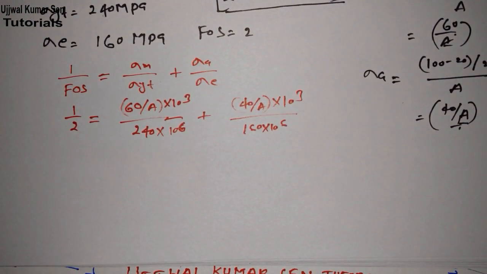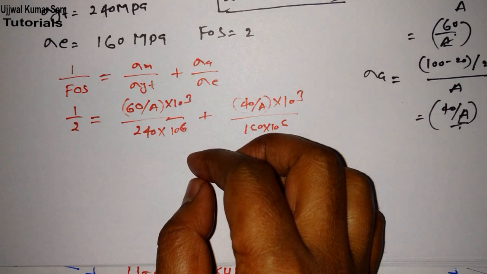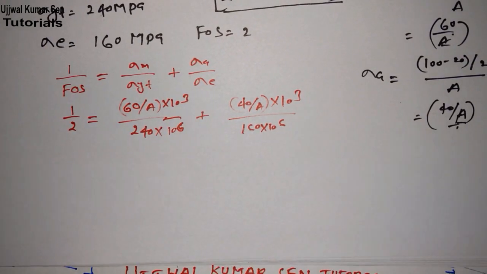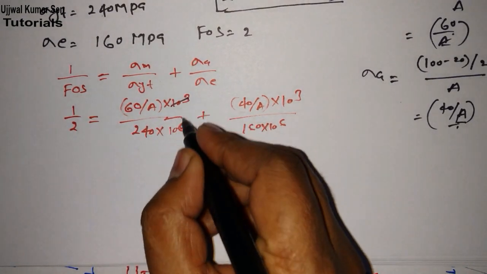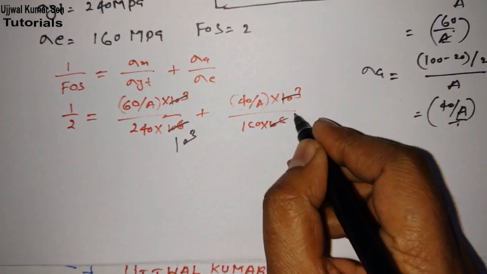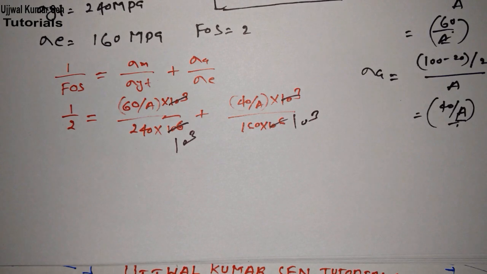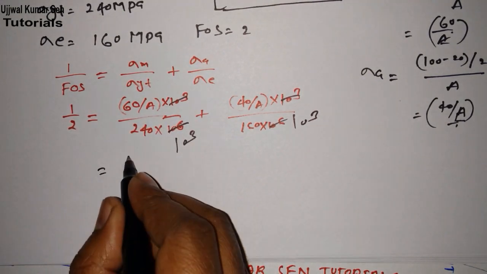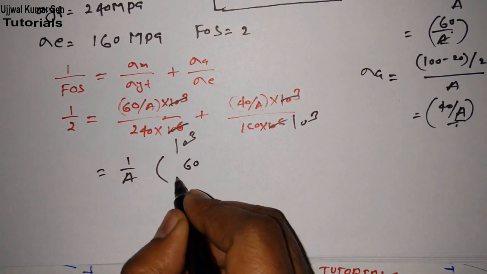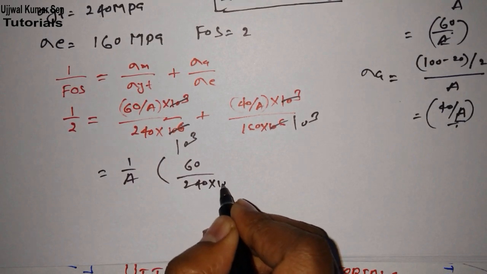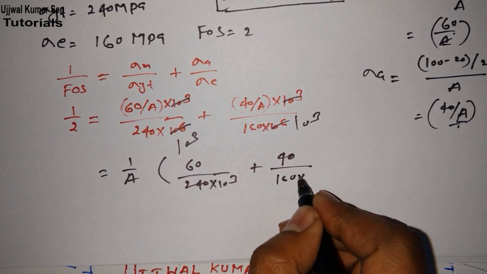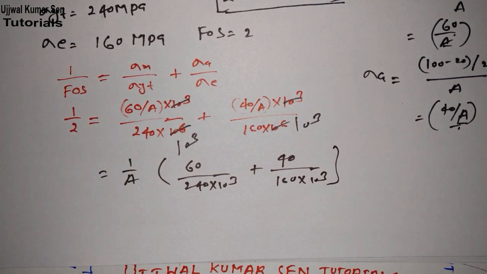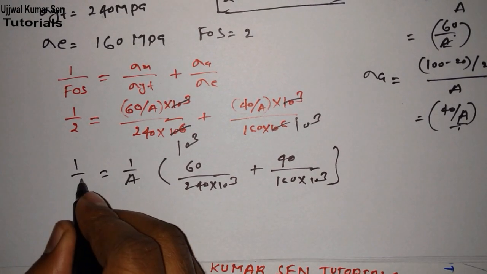Now, look at this one. We have to do the calculation. Now it's this and 10 to the power 3, right? Now this A will be in reciprocal, so 60 by 240 multiplied by 10 to the power 3 plus 40 by 160 multiplied by 10 to the power 3. Got it? Now we have 1 by 2 here.